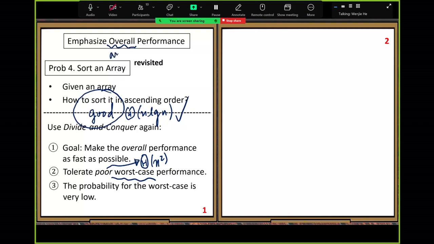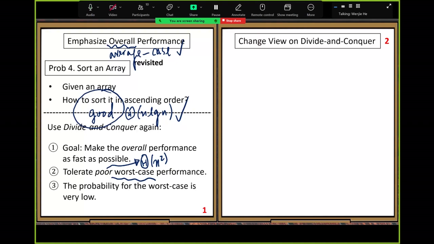That's the average case. Only the average case efficiency is the fair measure for the overall performance. The best case and the worst case are not a fair measure.